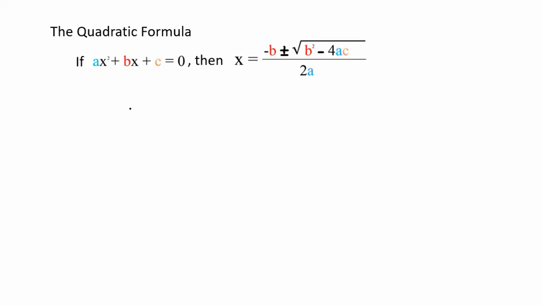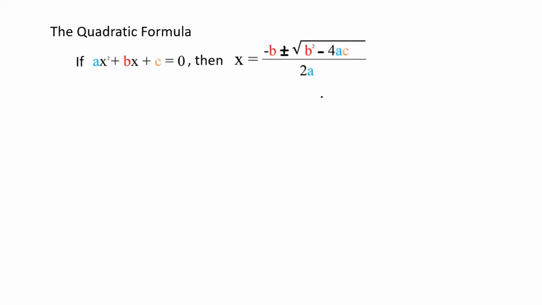So if you have an equation that's in this form, then you can find the value of x by plugging in the coefficients b, a, and c into this formula. Now you may look at this formula and think, where the heck did that come from? That looks like a crazy formula. I have another video about the proof of the quadratic formula so you can see where it comes from.